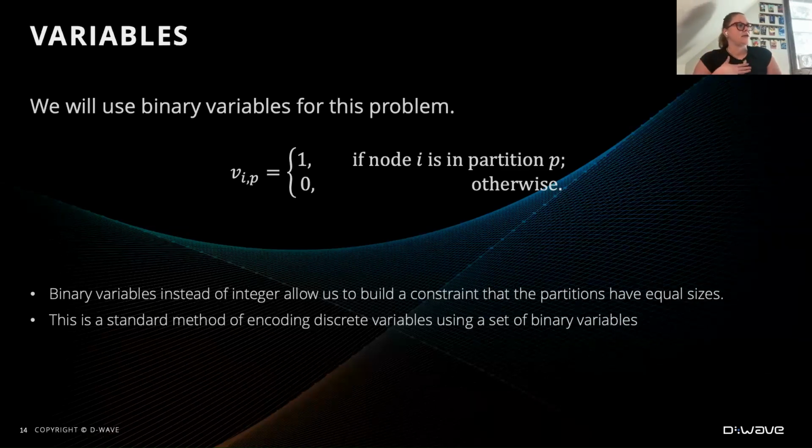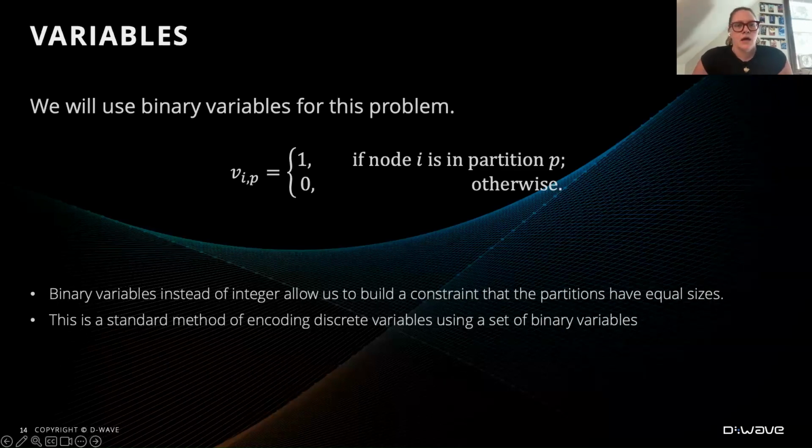And if we used integer or discrete variables here, we would have some difficulty doing that. And so assigning binary variables instead of discrete or integer variables is a common mathematical tool to allow those types of constraints to be enforced in an easy way.